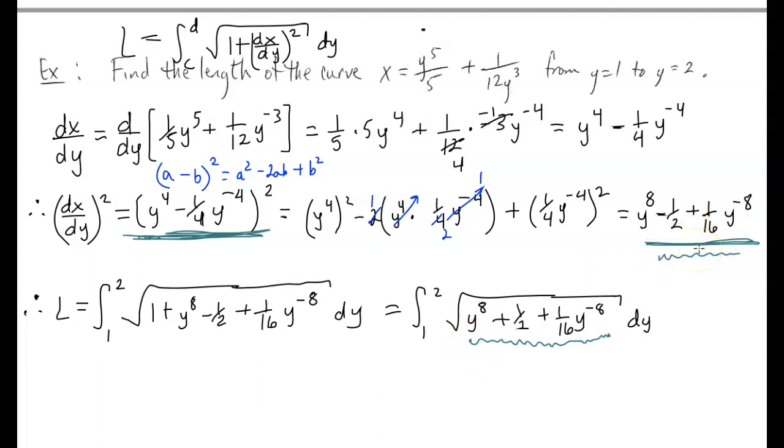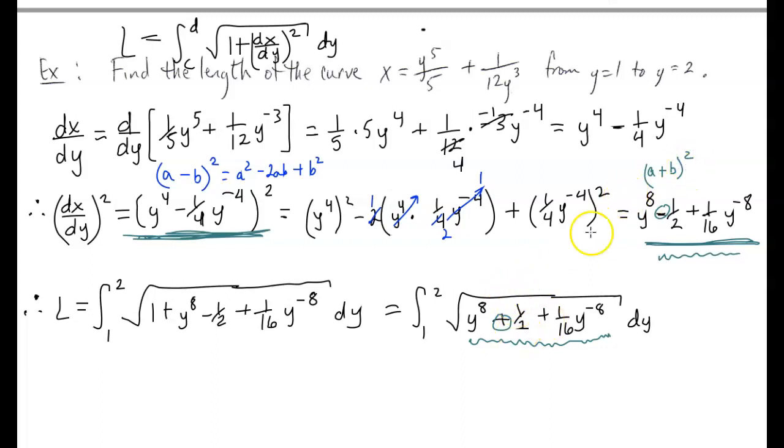In fact, the only thing that's different is that we have a plus right here instead of a minus. And so this is following the same pattern as this a minus b quantity squared, except that now the minus is a plus.